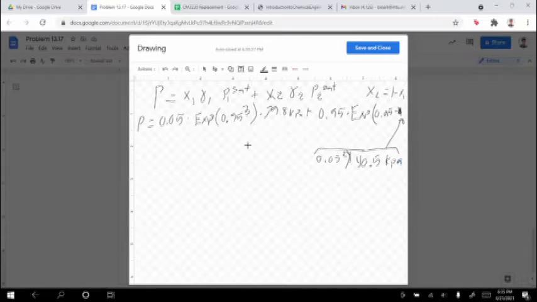Once we plug this into our calculator, we find that the bubble pressure is equal to 47.97 kilopascals.